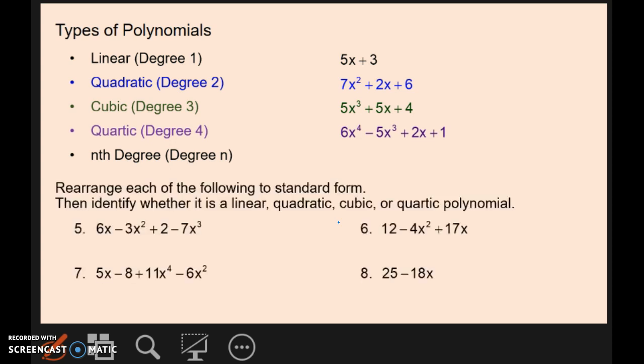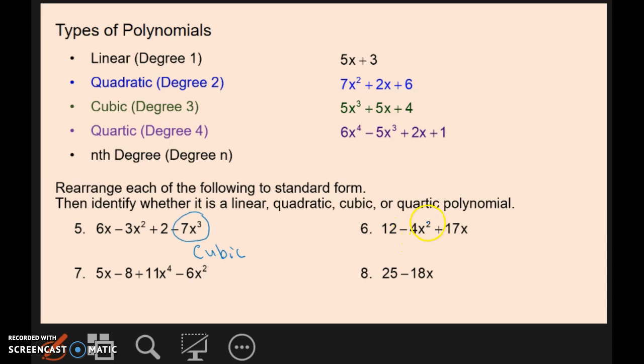So the next thing we want to do is take our terms, put them in standard form, and identify whether it's a linear, quadratic, cubic, or quartic polynomial. We've already practiced standard form, so really what I'm going to look to do is identify which type of polynomial we have. So what I'm looking for is my highest exponent, which in this case on number 5 would be that 3. So this guy right here. Because I have a highest exponent of 3, I'm going to call that a cubic polynomial.